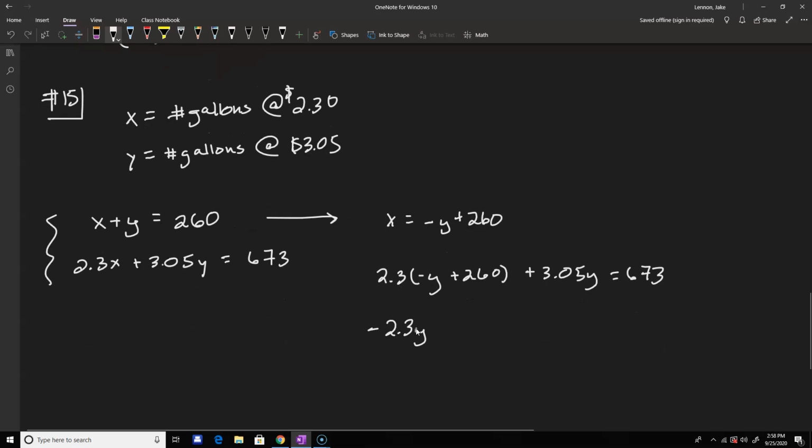So negative 2.3y plus, let's make sure we do this right and open up the calculator. Sorry, it's opening a little slow here. Here we go, 2.3 times 260. We get 598, so plus 598, plus our 3.05y, that equals 673.